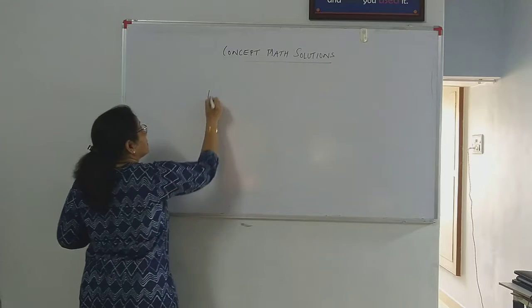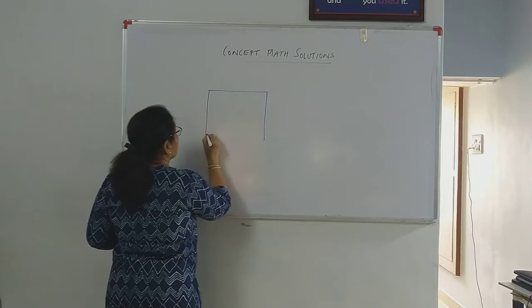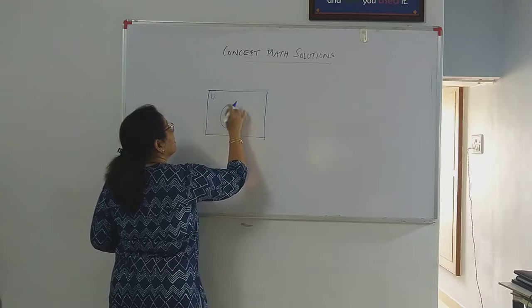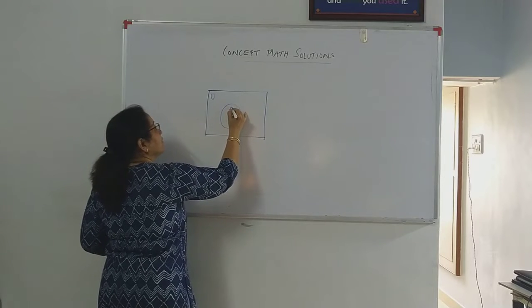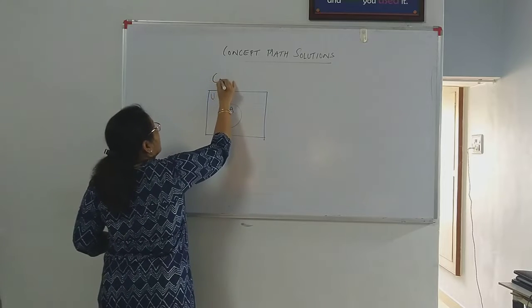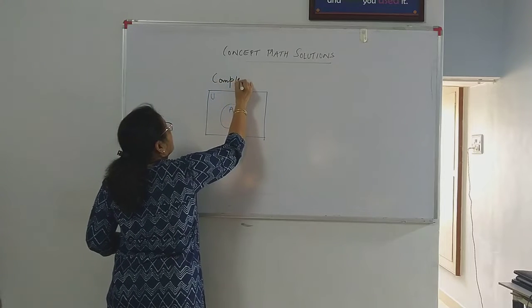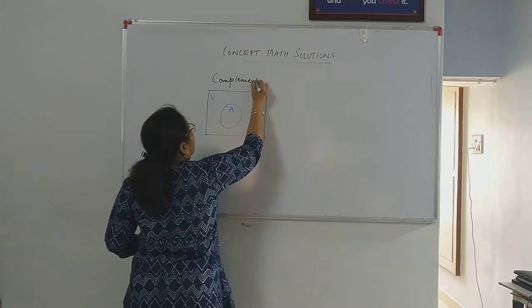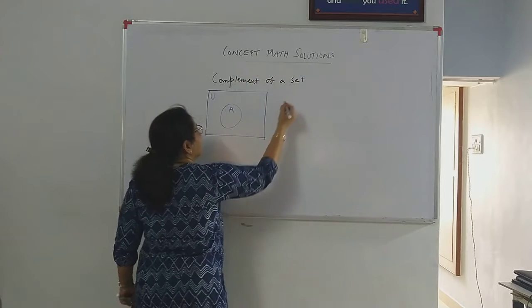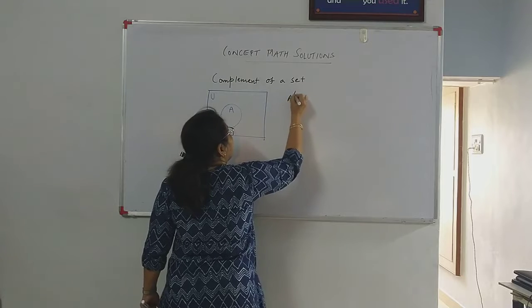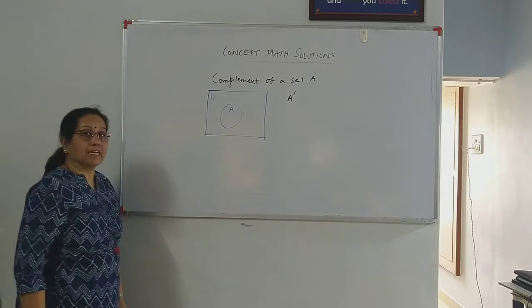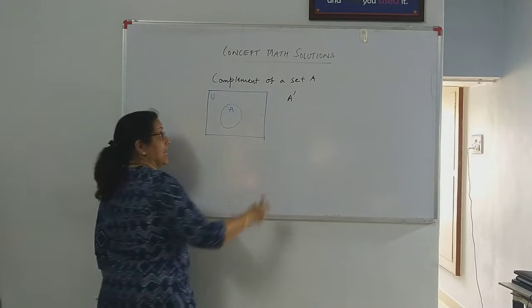If we have a set A, then complement of a set A is denoted as A dash.